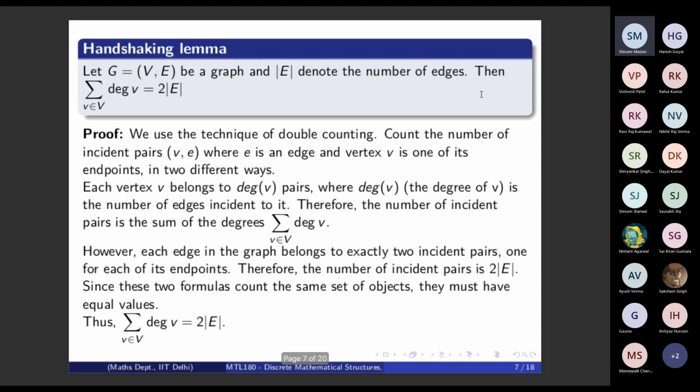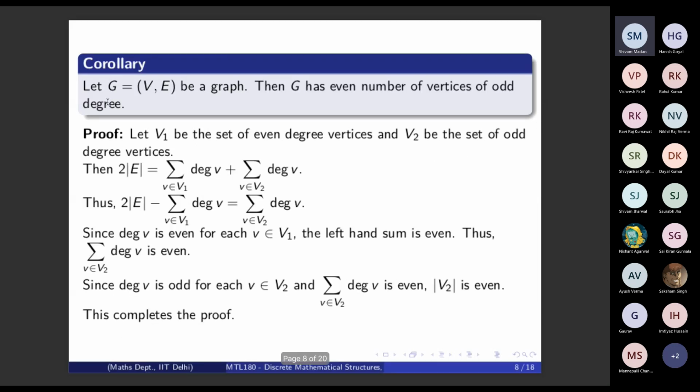Because we have already seen that 2E equals this sum. Now we separate V, the set of vertices, into two parts: one part is the even degree vertices, another part is the odd degree vertices. Let V1 be the set of even degree vertices and V2 be the set of odd degree vertices.